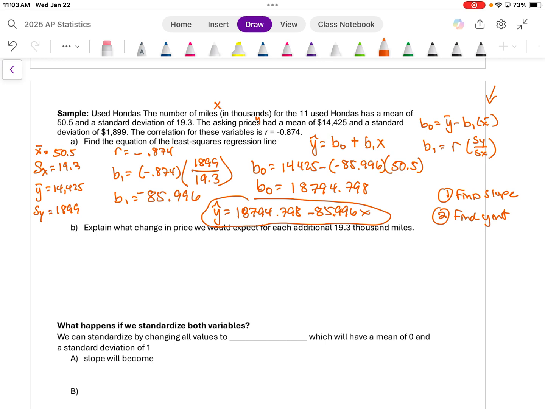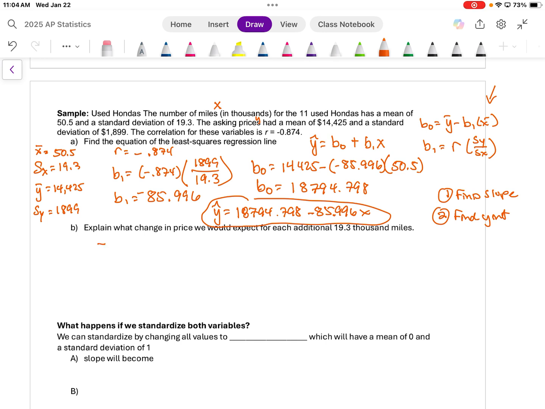And then they asked us to explain what change in price we would expect for each additional 19.3 thousand miles driven. So we would write some little statement right here. Well, first off, for each additional 19,000 miles driven.